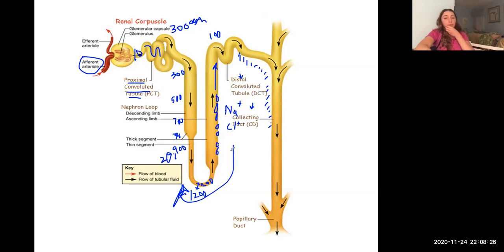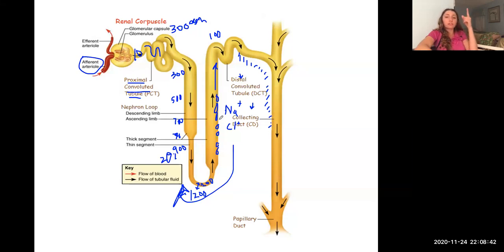This makes up about 20% of the total water reabsorbed. As it goes up, the osmolarity of the filtrate gets less than 1200 because of these channels.